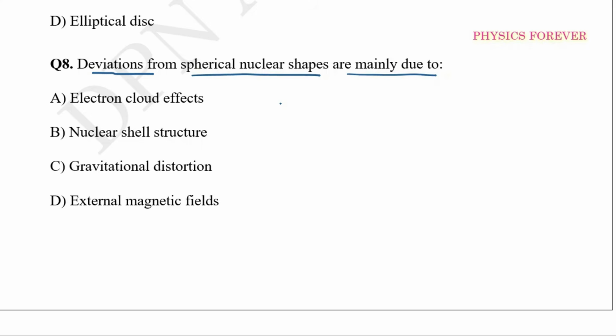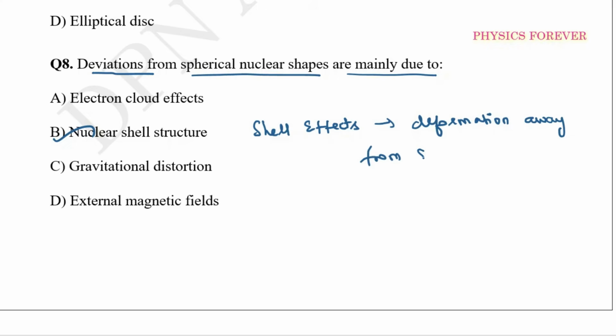From these options, there should be nuclear shell structure, because shell effects lead to deformation away from spherical symmetry.